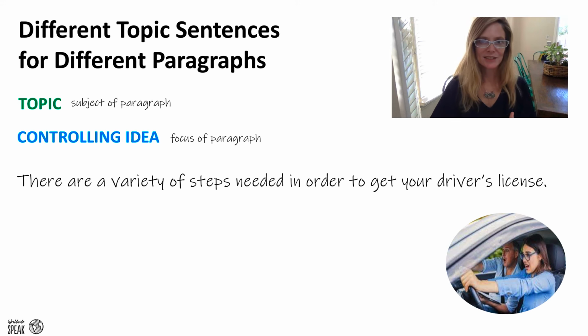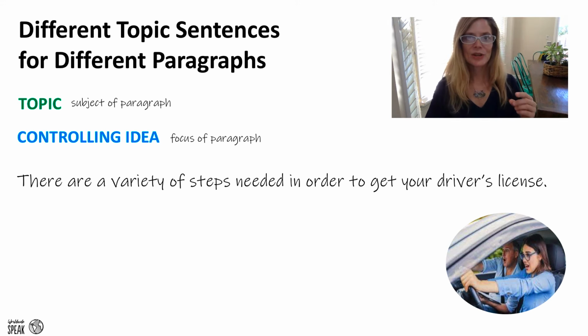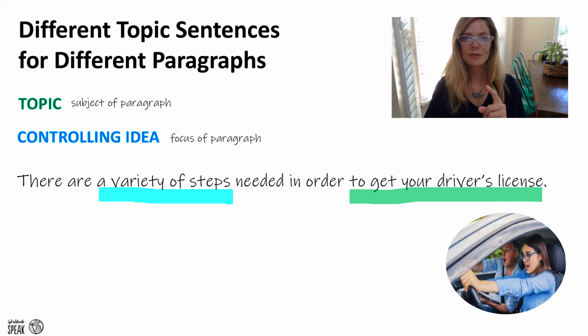And lastly, there was this topic sentence. There are a variety of steps needed in order to get your driver's license. Remember, the topic was getting your driver's license, and the steps was your controlling idea.